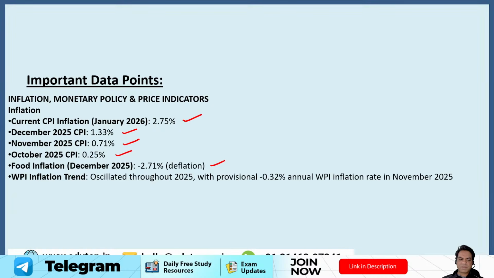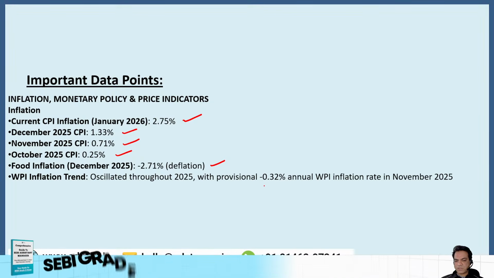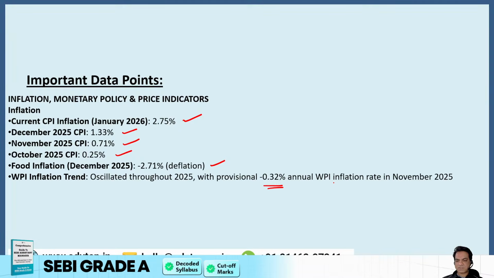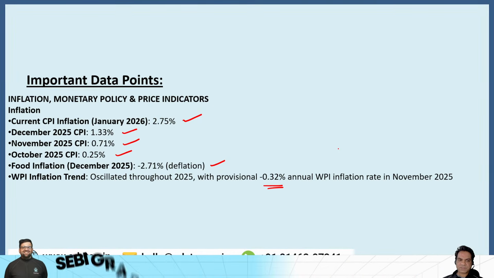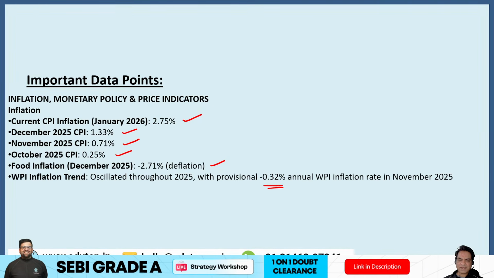Now WPI inflation trend oscillated through 2025 with provisional minus 0.32% annual WPI inflation rate in November 2025. Now these are some important points related to inflation and price indicators for the country.